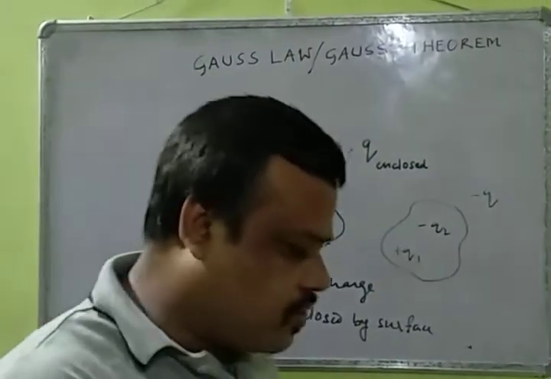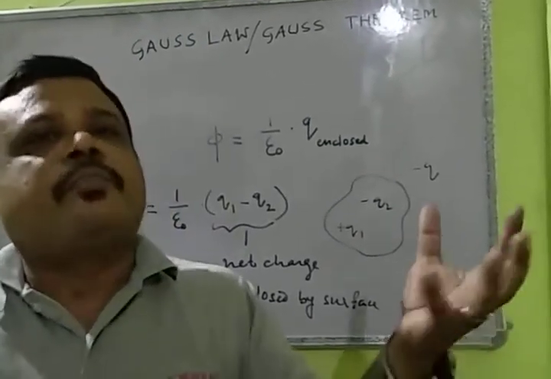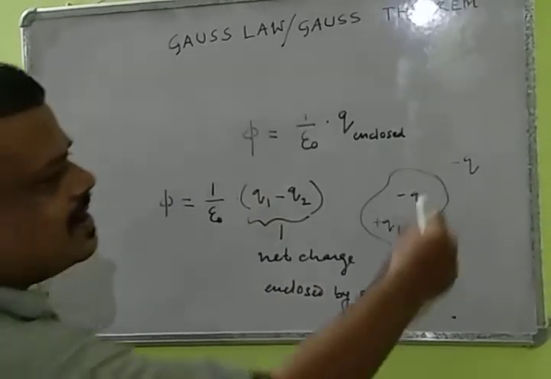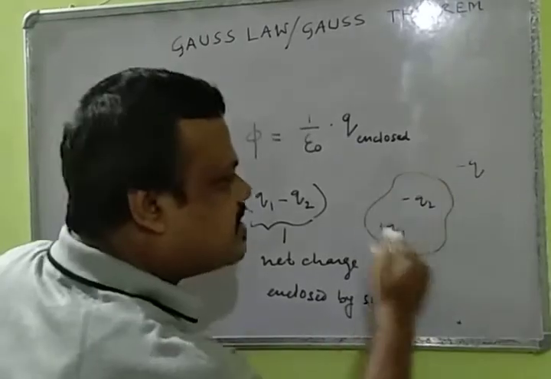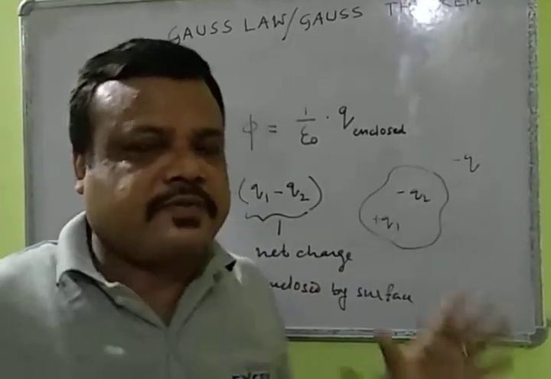So Gauss theorem is applicable to a single charge enclosed or multiple charges enclosed. Because if there are some charges outside the surface, they are not taken into consideration. It's as simple as that.